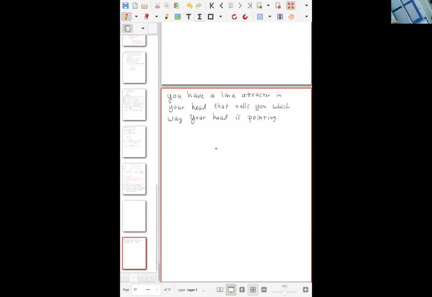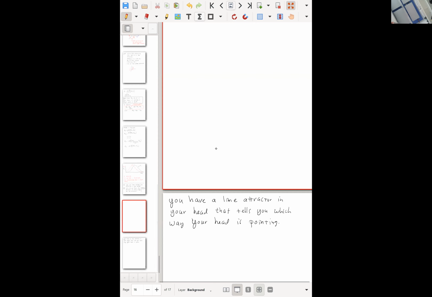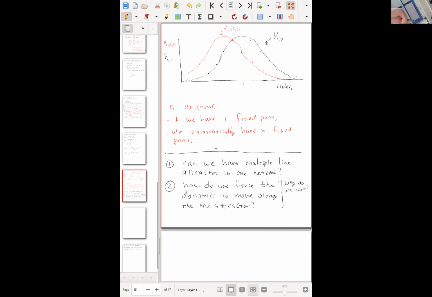It looks very much like this. There are actually cells in your brain, or at least in rat brain, that have this characteristic. And the peak of the activity corresponds to direction.